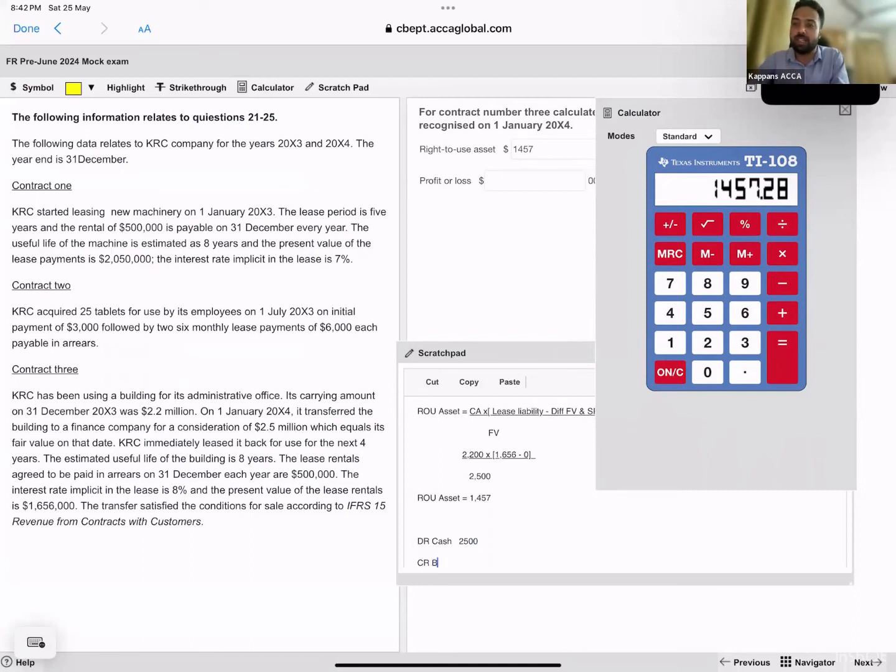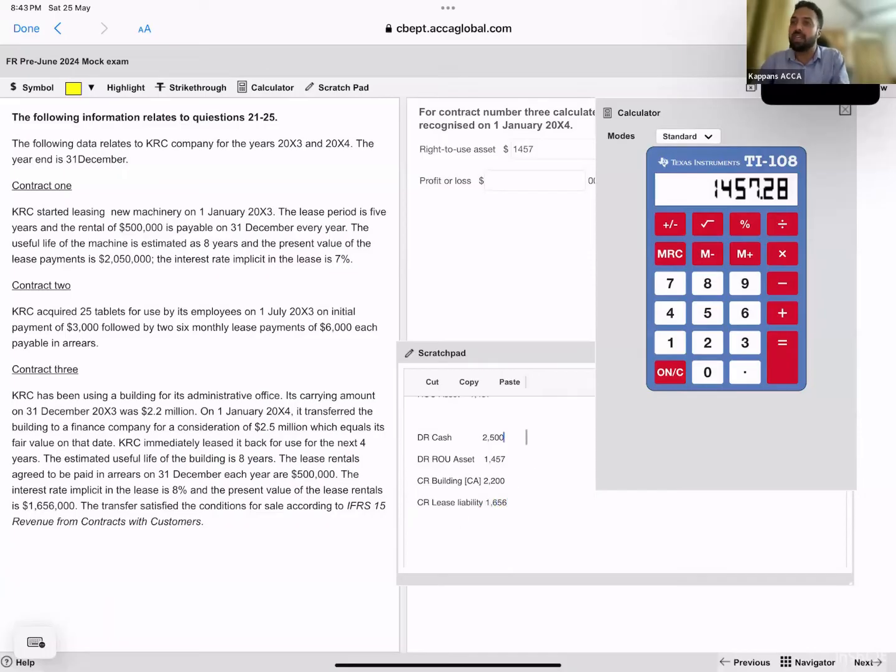The asset is basically building, and the credit will be the carrying amount of the building, which is 2,200 in thousands. Now you have to record right-of-use asset, debit right-of-use asset, which we just found out. That is 1457. And credit lease liability, which is basically present value of lease payment, which is 1656.